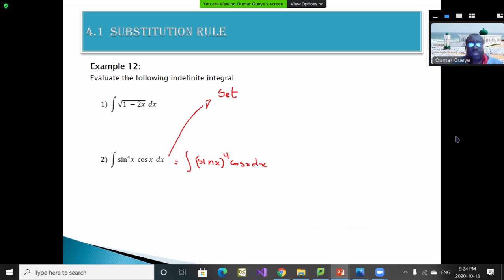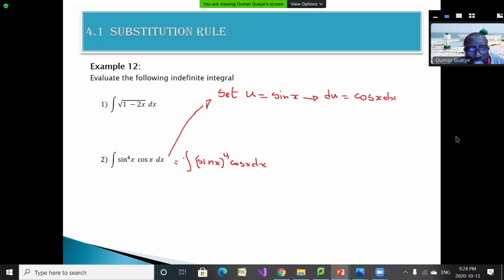Okay. So you said u, thank you. So your u is going to be, as your friend said, sine of x. And you calculate your du. So du is going to be the derivative of sine, and we know the derivative of sine is equal to cosine x times dx. Don't forget times dx.